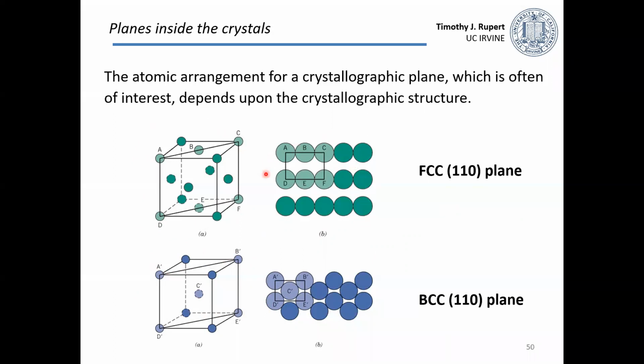And we can see, though, when we look at that 2D projection of the plane, the atoms are arranged in different ways. In the FCC crystal, the atoms are touching along the top, but there's a lot of empty space in the middle. In the BCC, the atoms aren't touching at the top, they're touching along the diagonals, okay? And this is actually a more dense packing in that area.